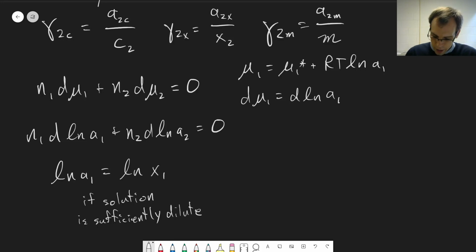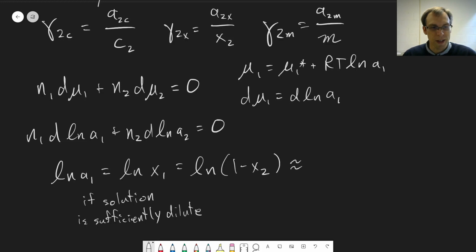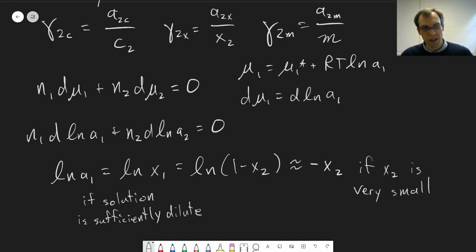By definition that is the natural log of 1 minus x2. That's just the definition of mole fractions. Then we can make a mathematical approximation here that this is about equal to negative x2 if x2 is very small. This is an approximation that you can make with logarithms.